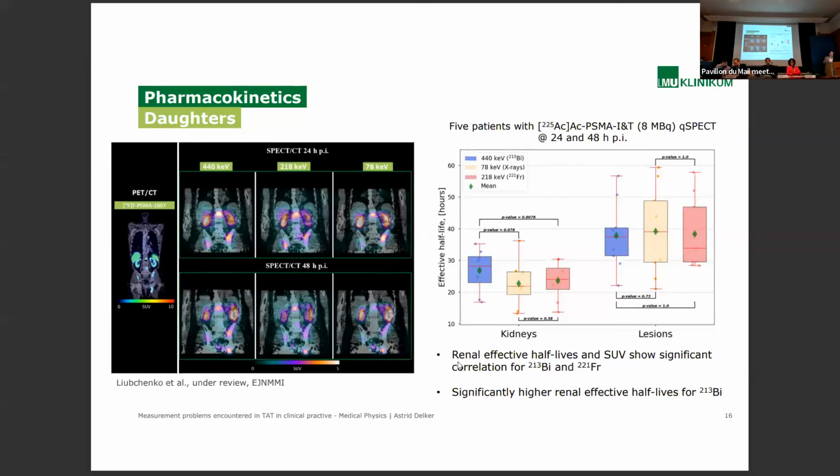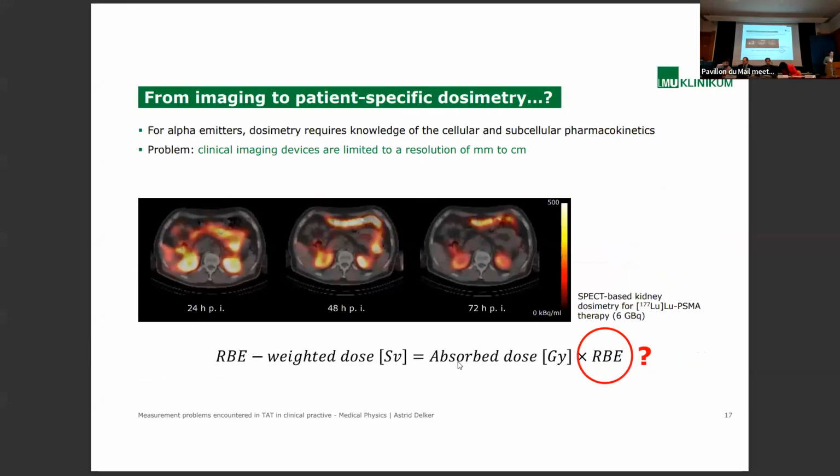However, the SUV and the renal effective half-lives are significantly higher for bismuth. So they correlate, but we have higher values for the bismuth. So now, as you can see, measuring the patient-specific and daughter-specific pharmacokinetics is possible.